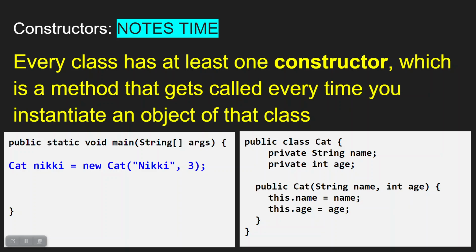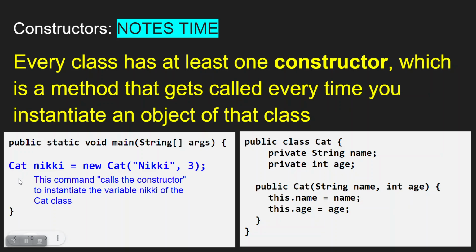Down here is our main method, and inside here we are creating an object of the cat class. This command that you see right here, cat Nikki equals new cat, and then Nikki comma 3, calls the constructor to instantiate the variable Nikki of the cat class.